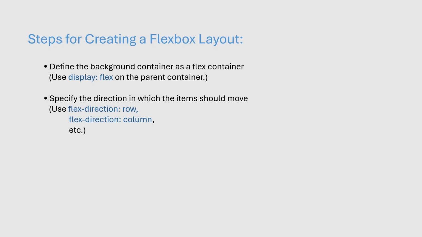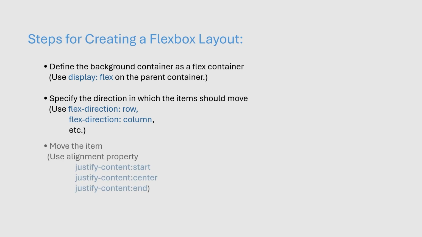And in the last step, we will move our item to the required place. To move items, we use justify content property and its value can be start, center, end. The placement of the item like start, center and end will depend on the direction. When we specify the direction as row, then the item will move in horizontal direction. And if we specify the direction as column, then the item will move in vertical direction.